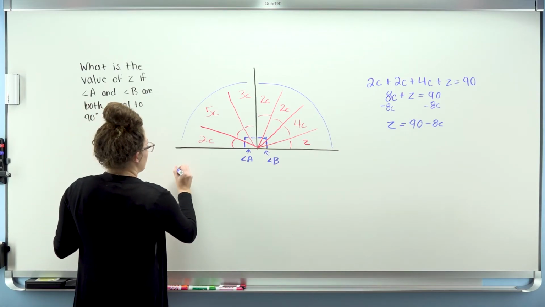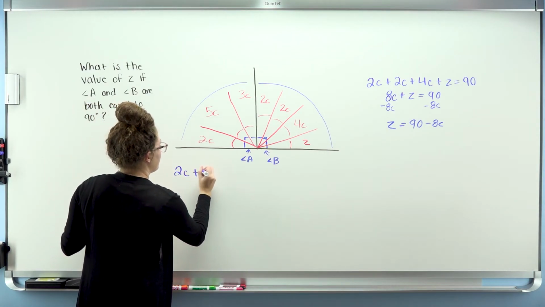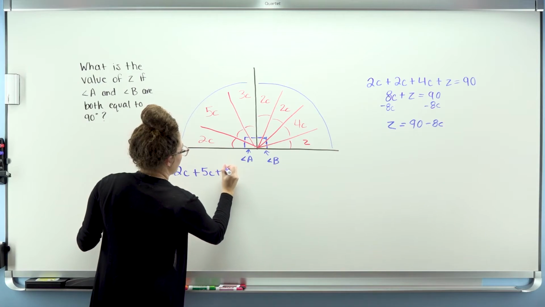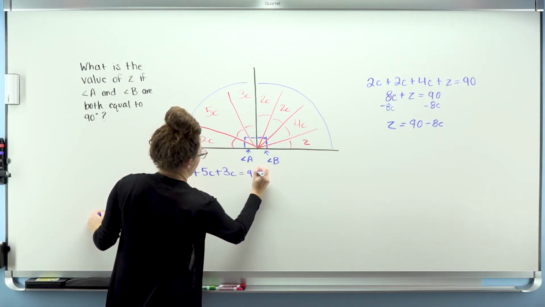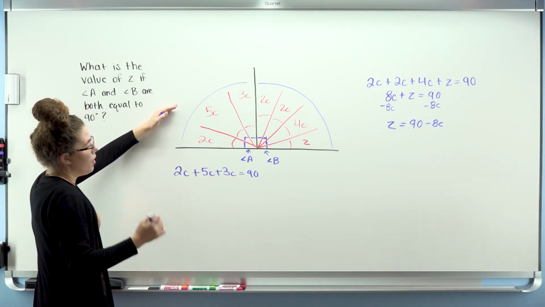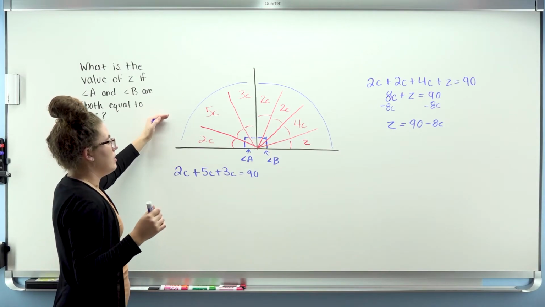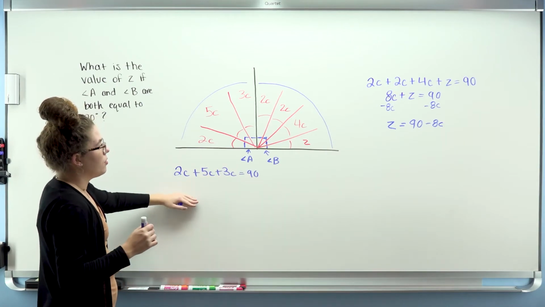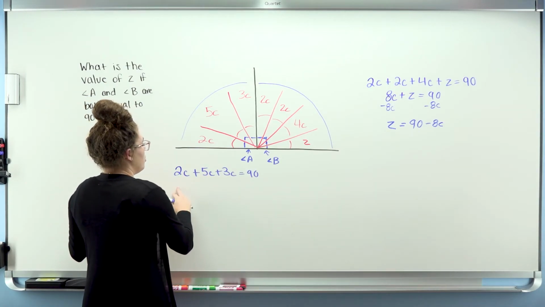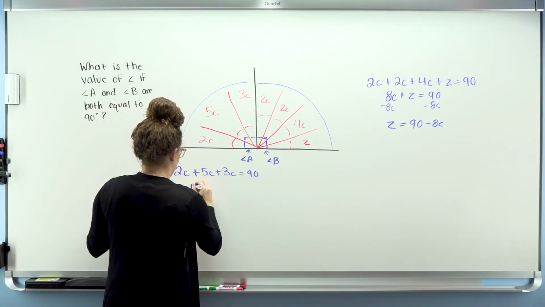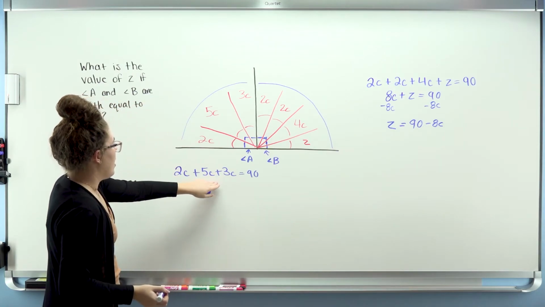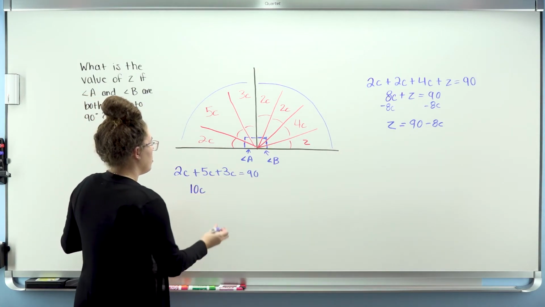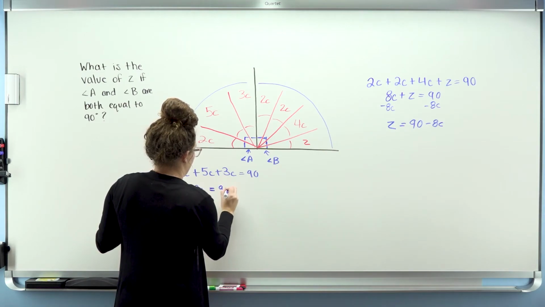So 2c plus 5c plus 3c is equal to 90, right? That's from this side over here. And because we know this, and there is all constant value c, we can solve for c, right? So this would be 10c, because 2 plus 5 is 7, plus 3 is 10, is equal to 90.